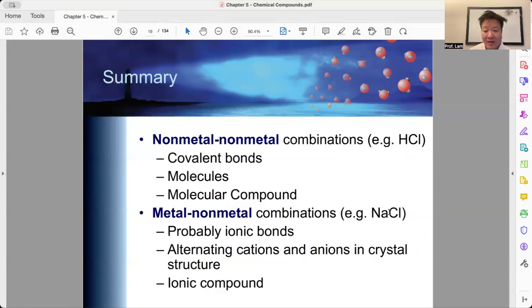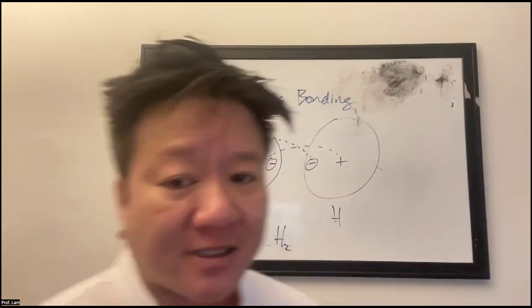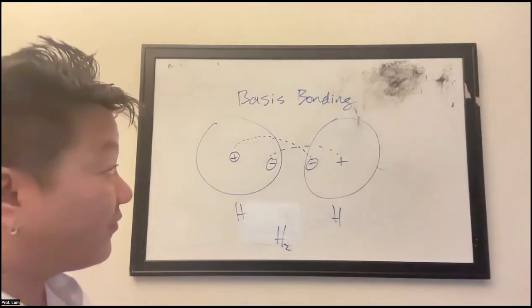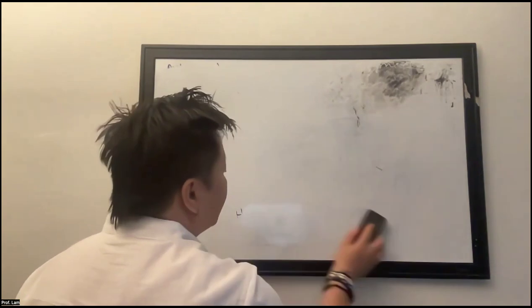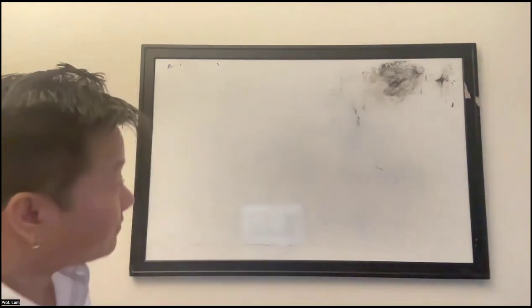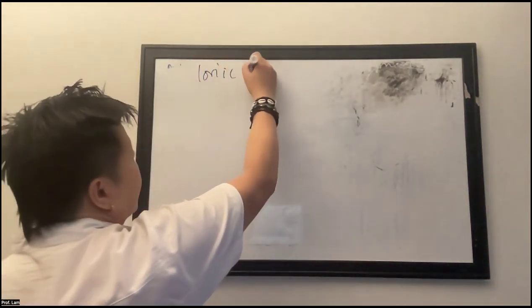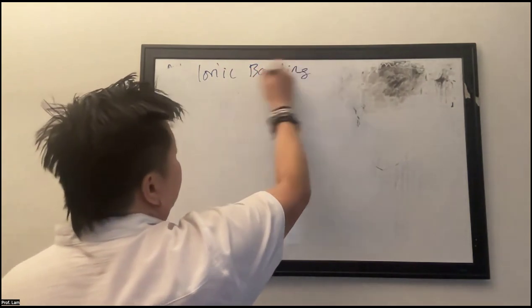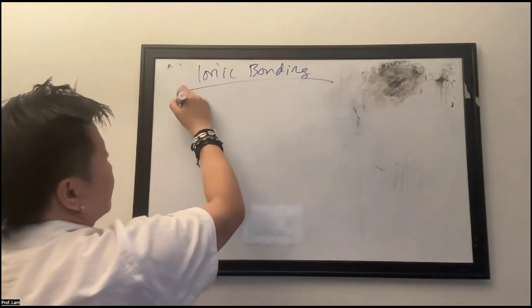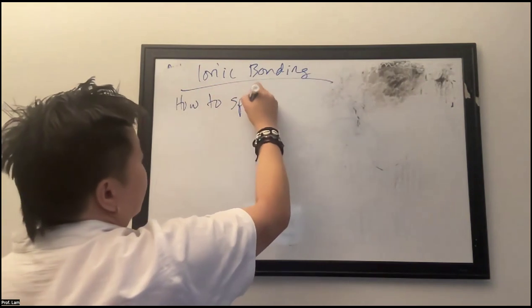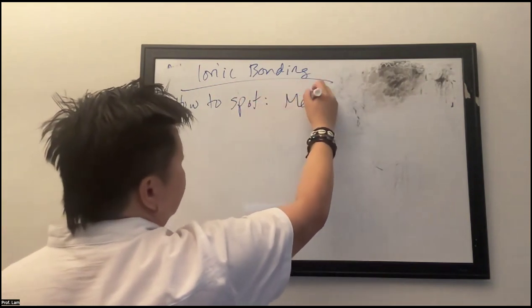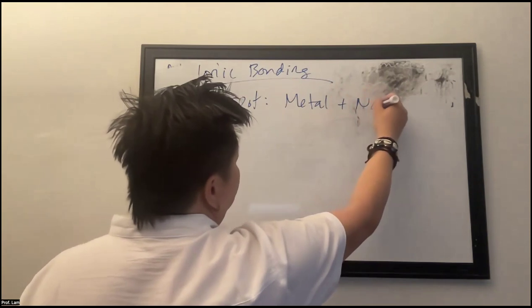Okay, so in summary, it's quite easy to figure out whether you're going to have a covalent bond or an ionic bond. Here's just a very simple hot tip for you guys to figure out the difference. Ionic bonding is between a metal and a non-metal.